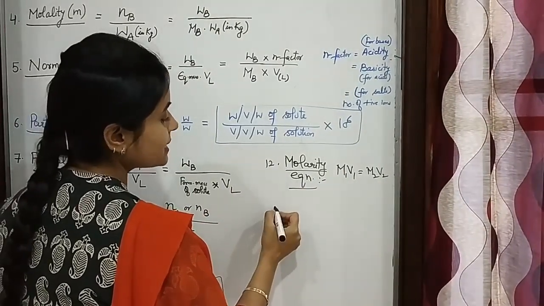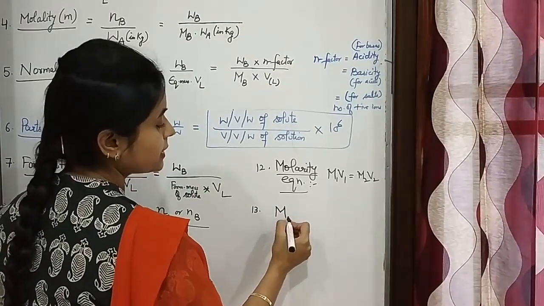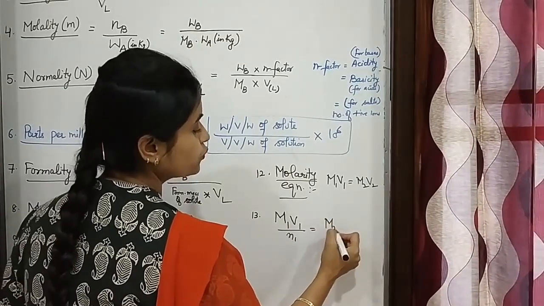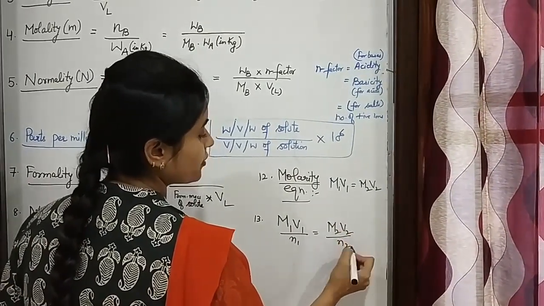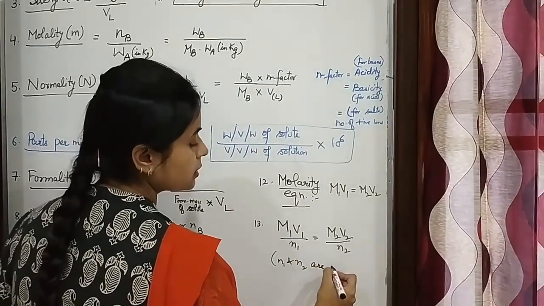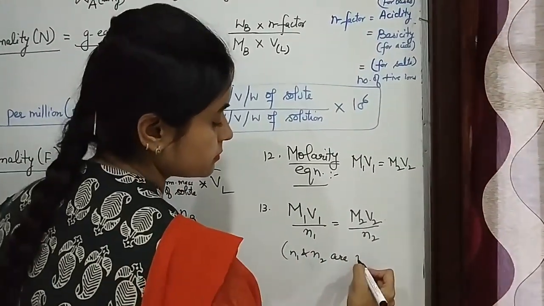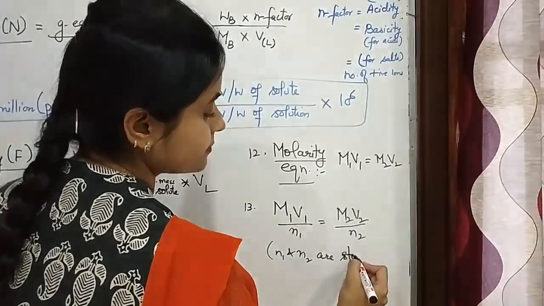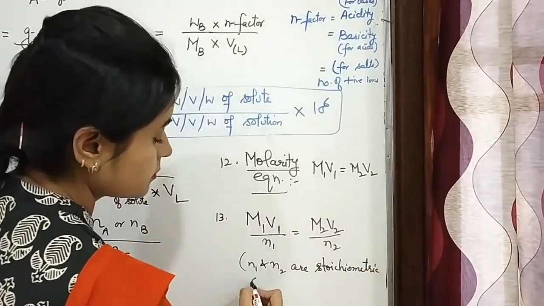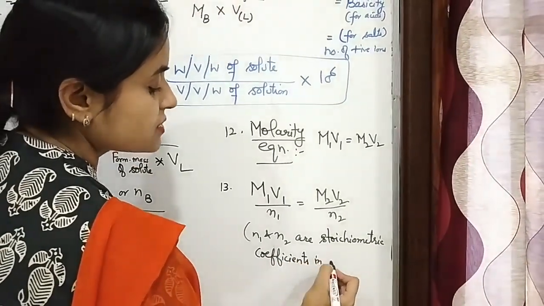In that case we use this type of equation, that is m1 v1 upon n1 equal to m2 v2 upon n2, where n1 and n2 are number of concentration term, or you can say stoichiometry coefficients in a balanced equation.